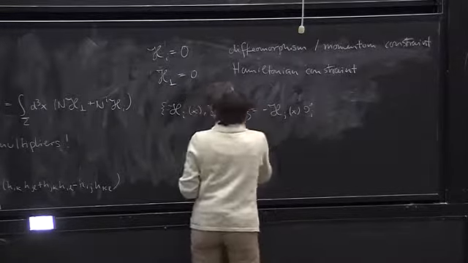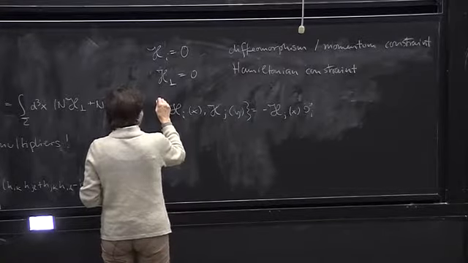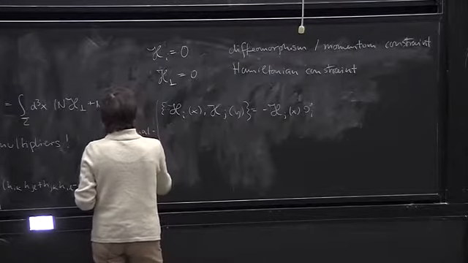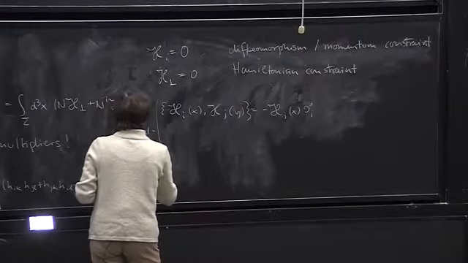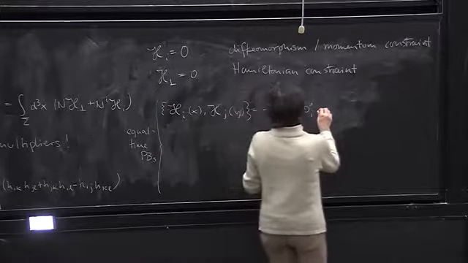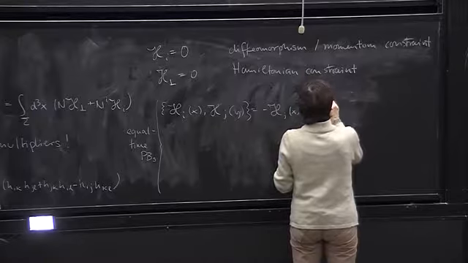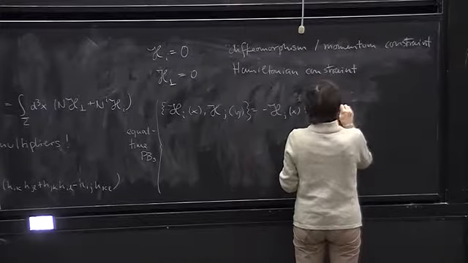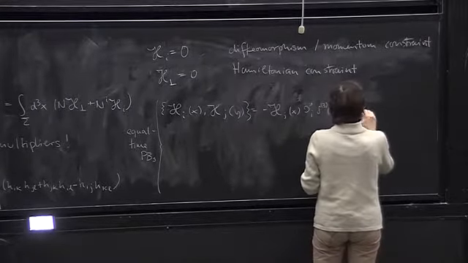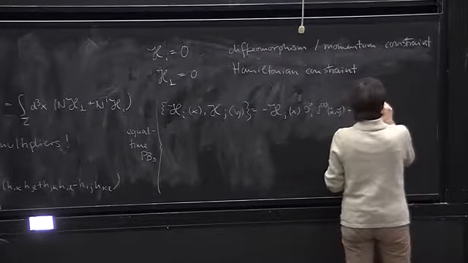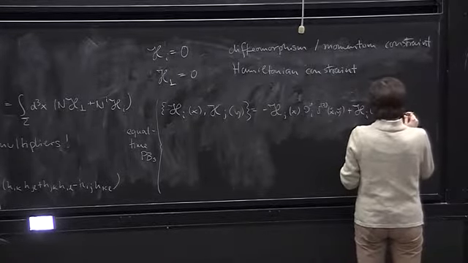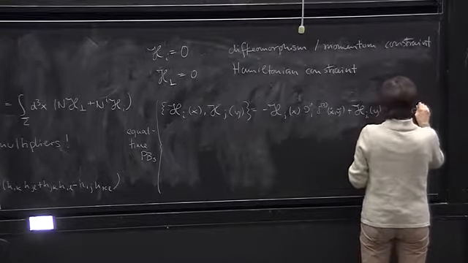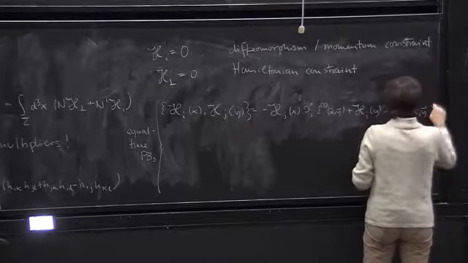Also I should say, these relations and the other ones I'm going to write down are equal time Poisson brackets. Now, the derivative acts on a three-dimensional delta function of x and y, and then there's a second term plus Hi of y, del j x, delta 3 of x and y.